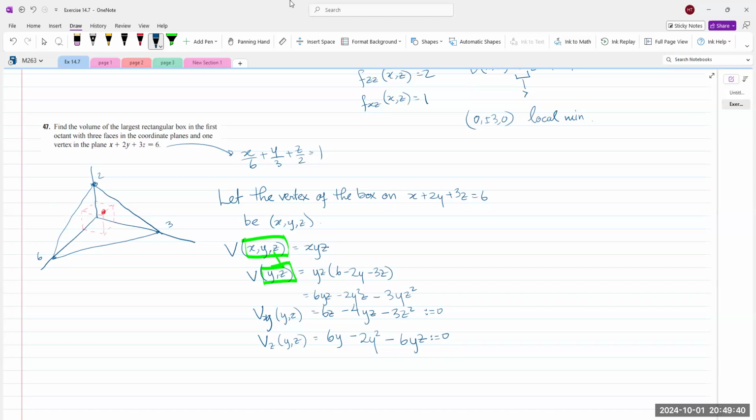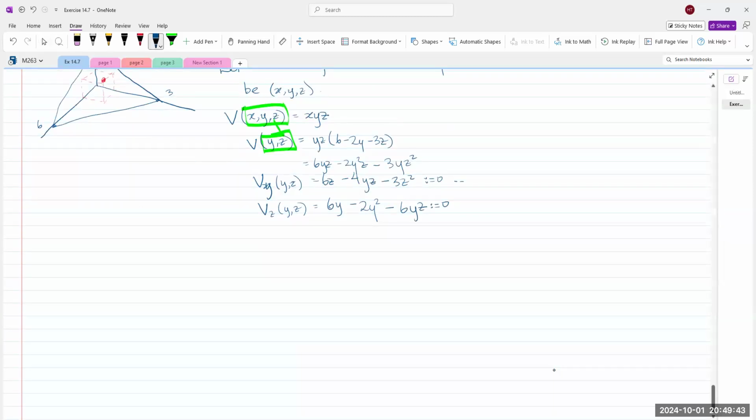Oh, you know what? Let's call this the first equation and this the second equation so that I don't get confused. The first equation, I can factor the z out, so I get 6 minus 4y minus 3z equals 0. From equation 2, I can factor the y out. That's 6 minus 2y minus 6z equals 0.